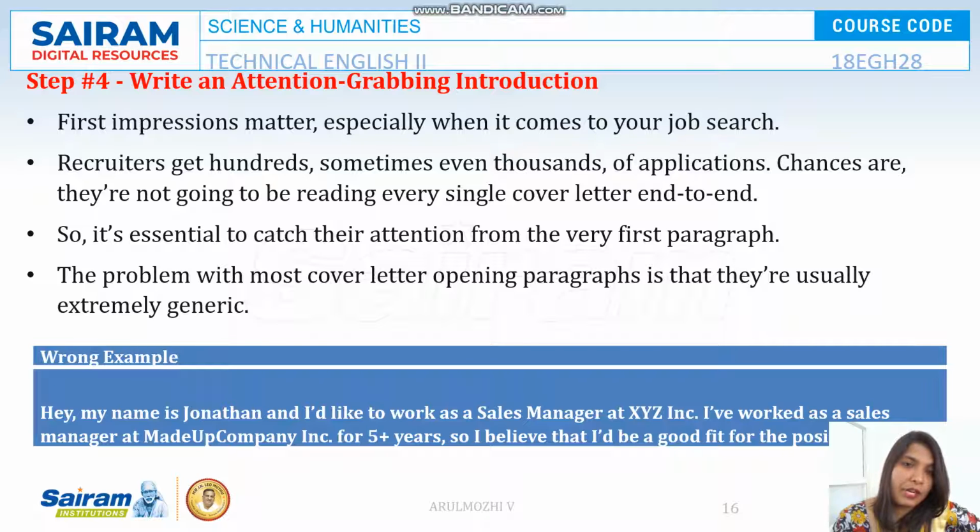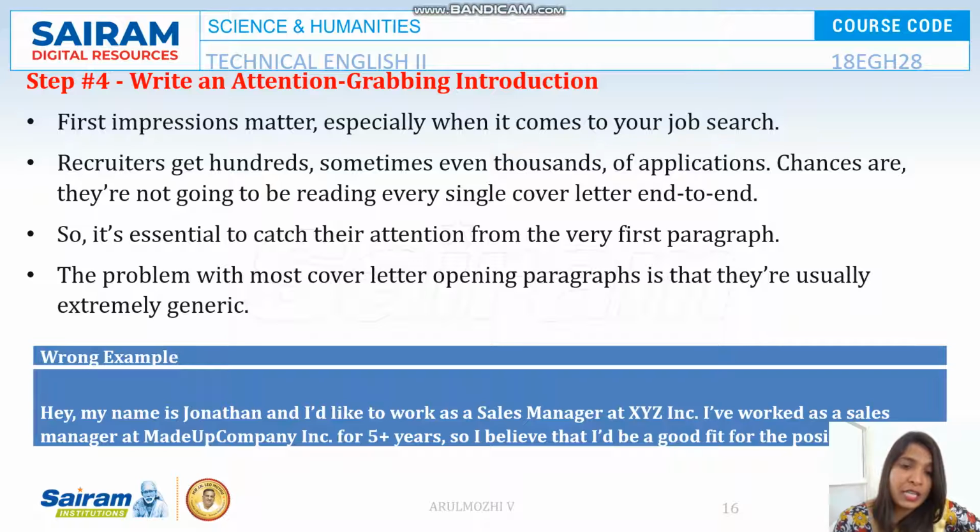How are we going to create an attention grabbing introduction? There are so many people going to apply for this particular job, but how are we going to attract the recruiter? By grabbing his attention, telling how your skills are a perfect fit for this company. Take for example, hey, my name is Jonathan.